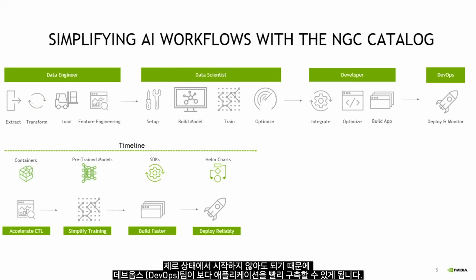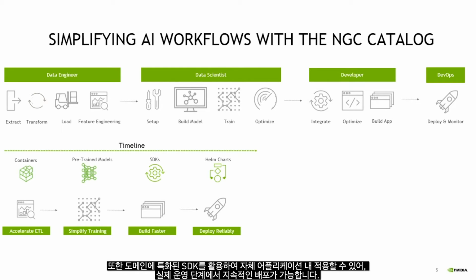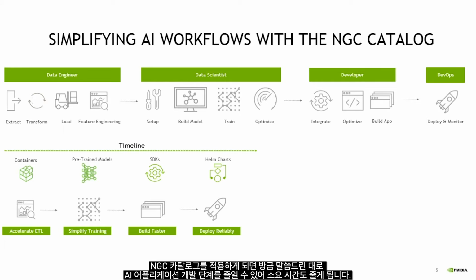We're giving you pre-trained models that allow you to get a head start in terms of what you do from an AI application perspective. Your developers can build faster because now they don't have to start from scratch. They can pull in domain-specific SDKs and then wrap their application around it, and then help your DevOps to consistently deploy into production.